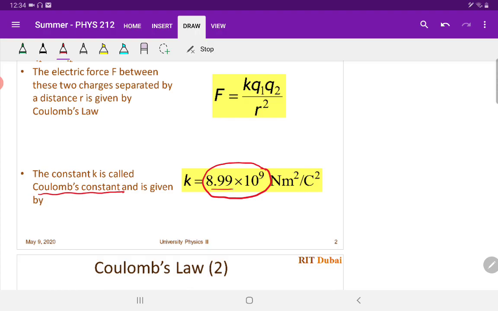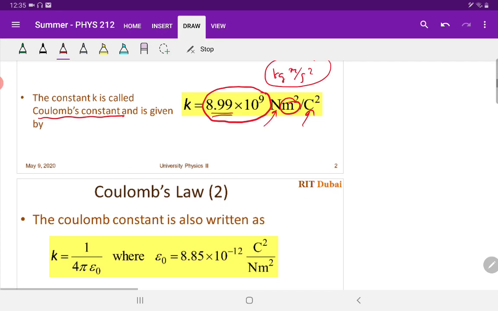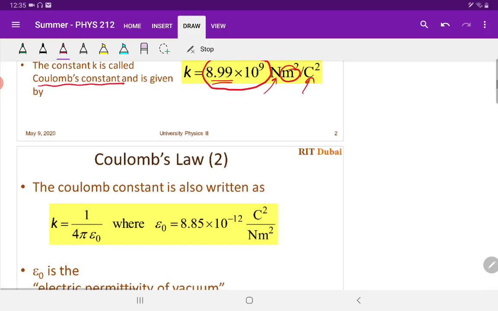So whenever we use this number, keep in mind that the length unit is the meter and the charge should be in Coulomb. By the way, Newton means kilogram meter per second square, so we should be familiar with that. This is the value of this constant in SI units.